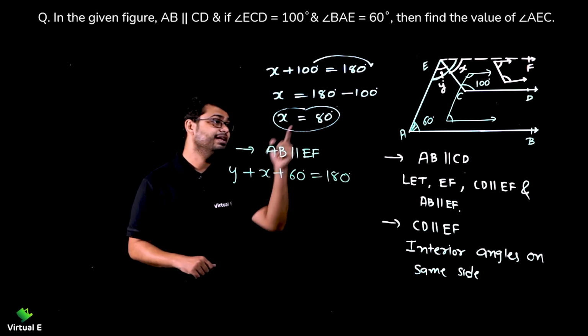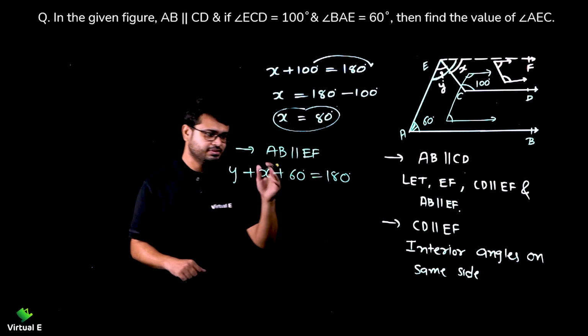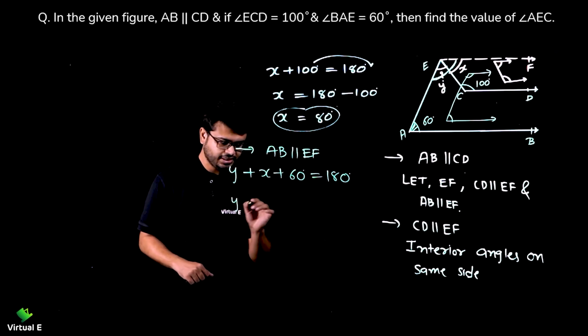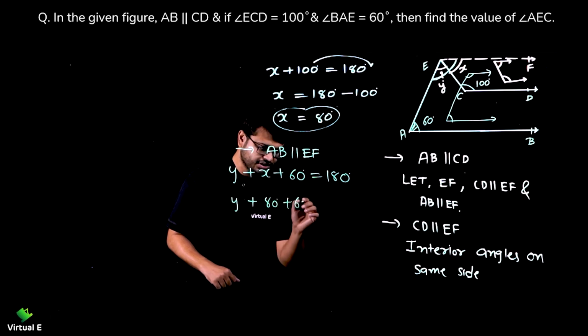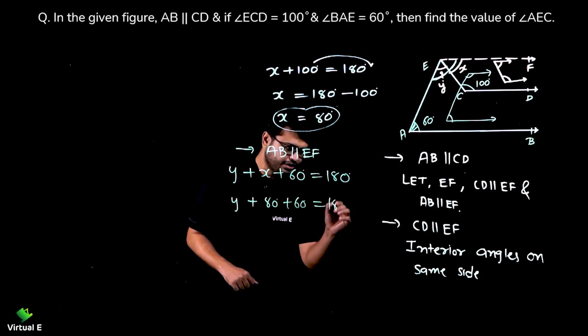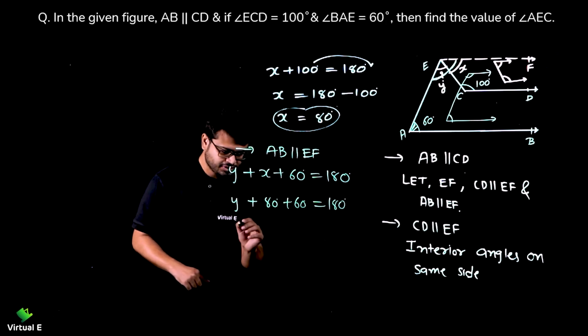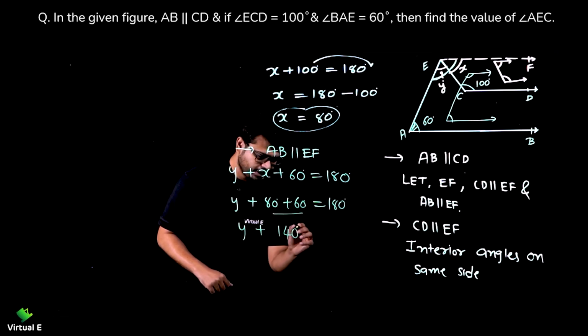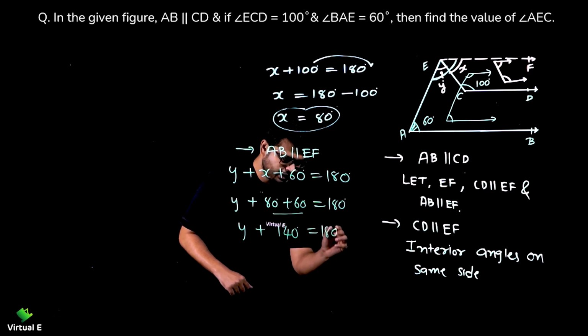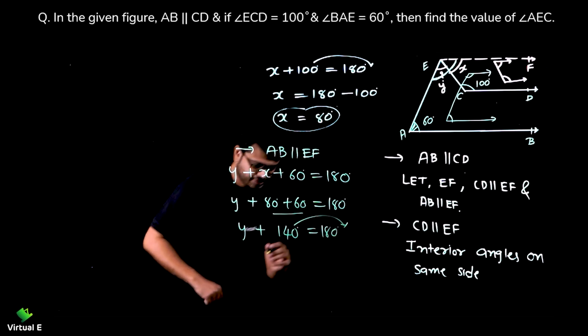Now we have the value of X over here, so substitute, right? So Y plus here 80 degree plus 60 degree is equal to 180 degree. So if you add these two numbers, you are going to get 140 is equal to 180. Let's shift over that side.